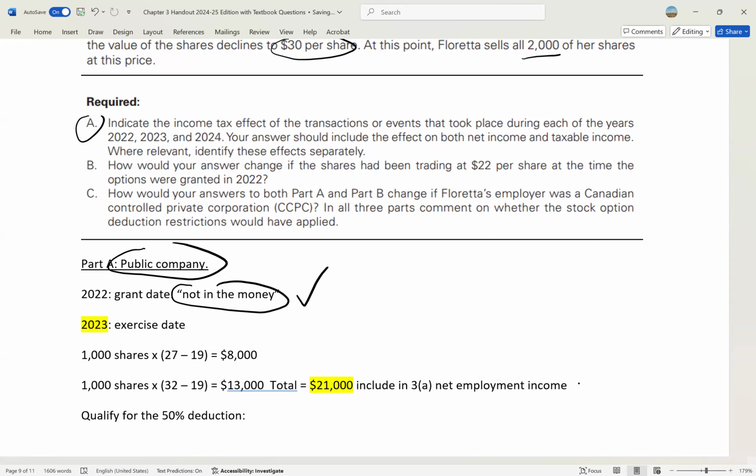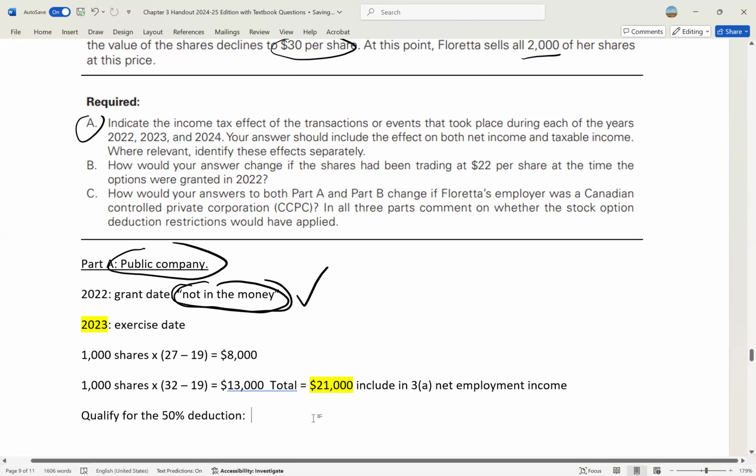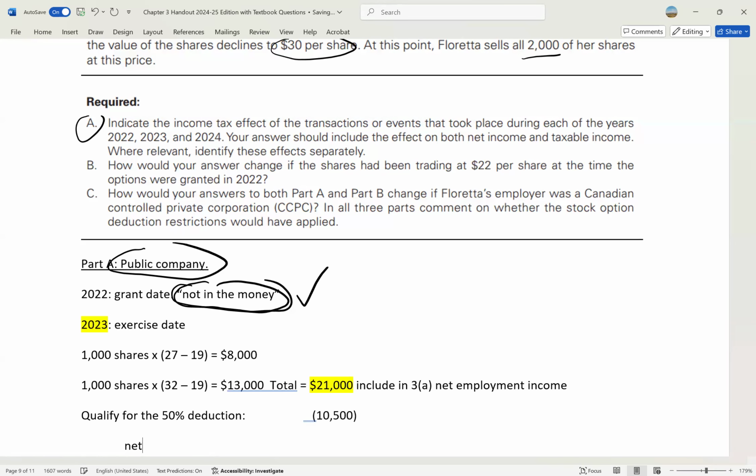Well, this is a public company, so we know we wouldn't qualify that way, but it's an or statement, so it doesn't matter. As long as the option was granted not in the money, she will get the 50% deduction. So 50% of $21,000 is going to be $10,500. So the net increase to taxable income will be $10,500.